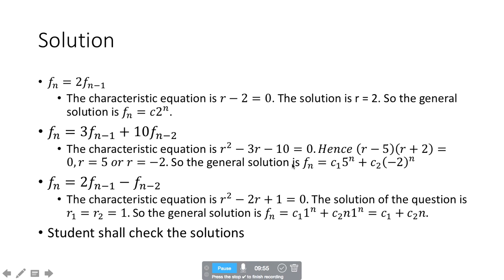Then the general solution will be Fn equals C1 multiplied by 5 to the n power plus C2 times negative 2 to the n power. Basically, those two solutions of the characteristic equation are the bases of those powers. Again, students can check this really is a solution for this recurrence relation.